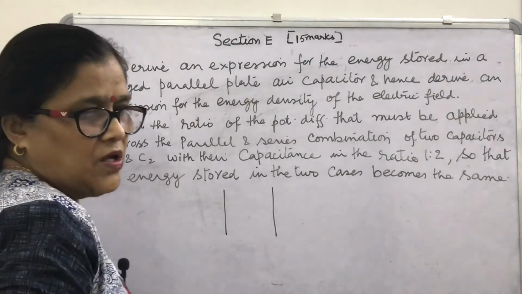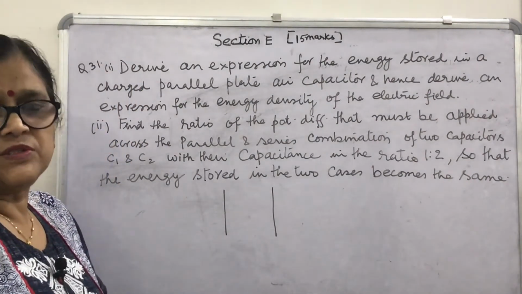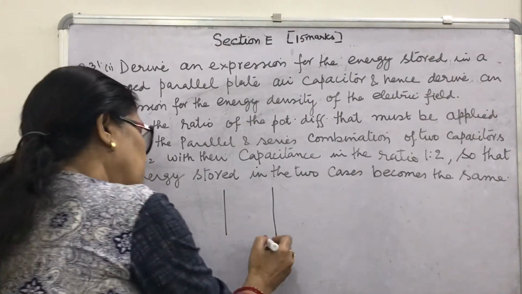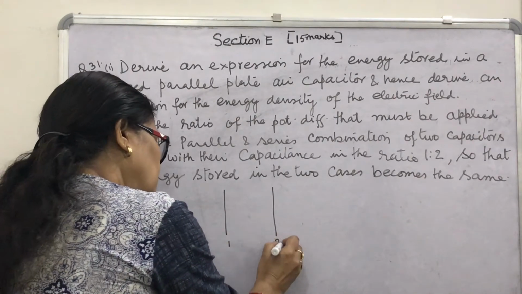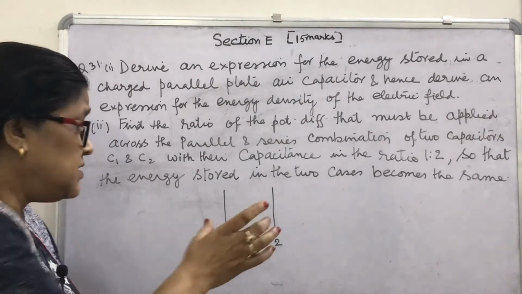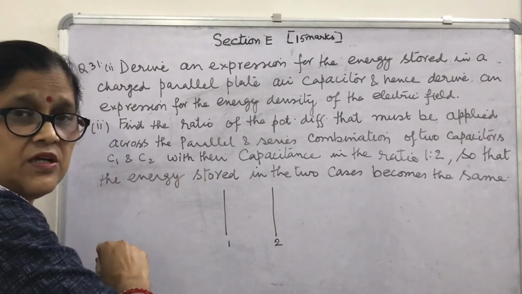Now a charge transfer process takes place from conductor 2 to 1. This is 1 and this is 2, bit by bit. These are two neutral conductors.